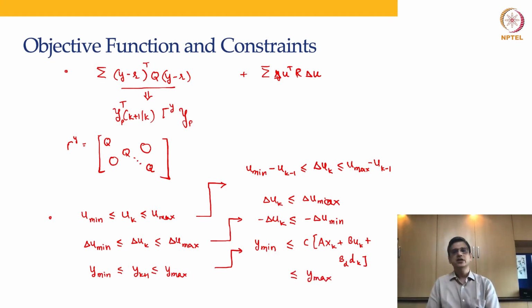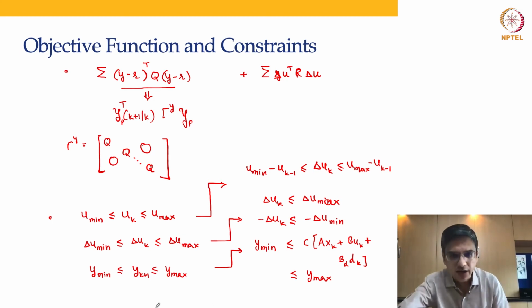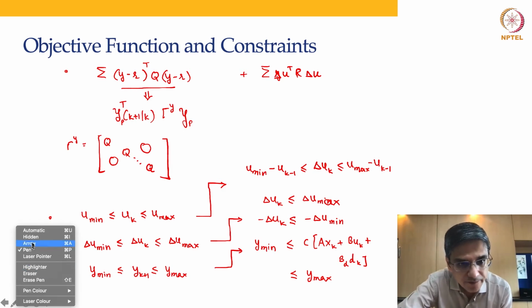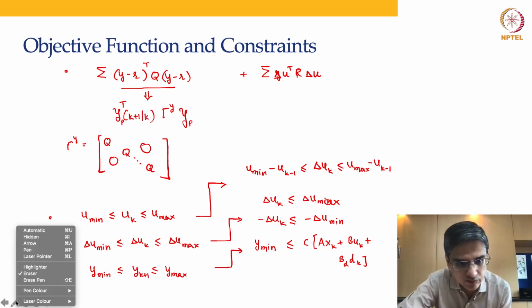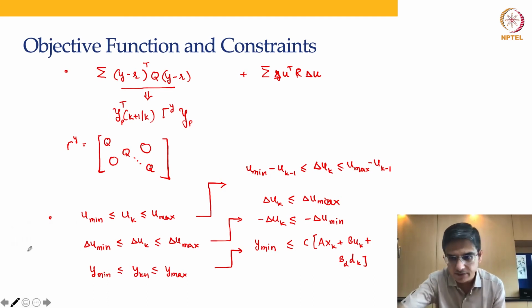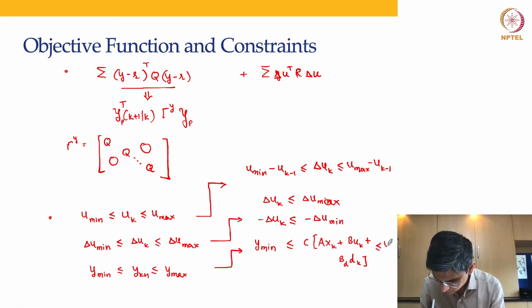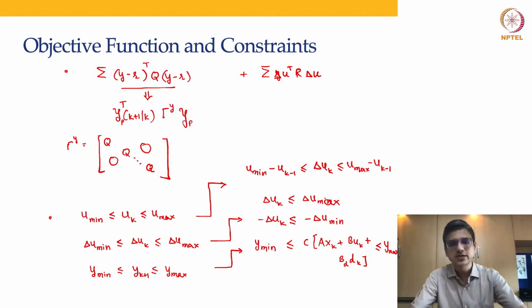Okay, and then we can substitute, and we will be able to write in the appropriate form. I'll just rewrite this. Y max. Okay, so these are the objective functions and constraints.